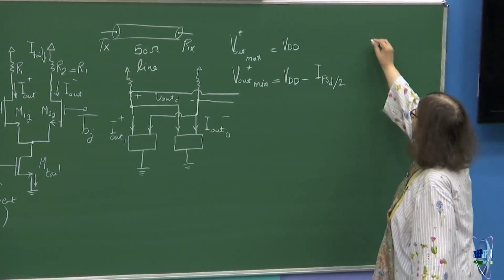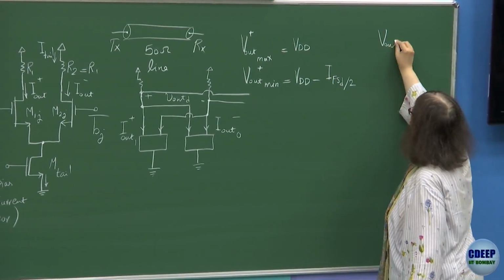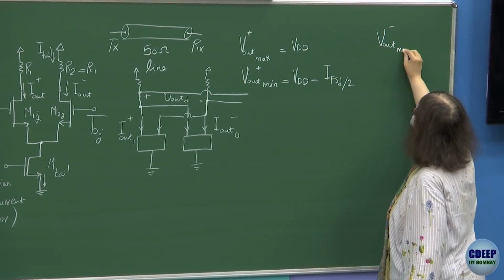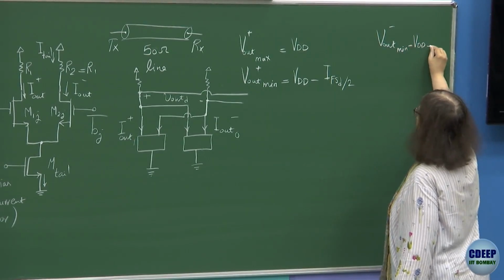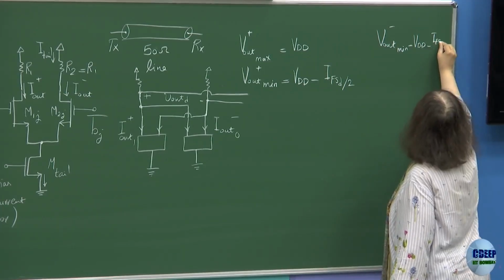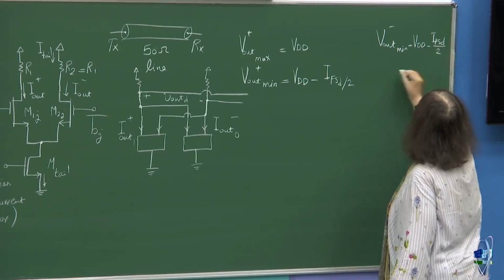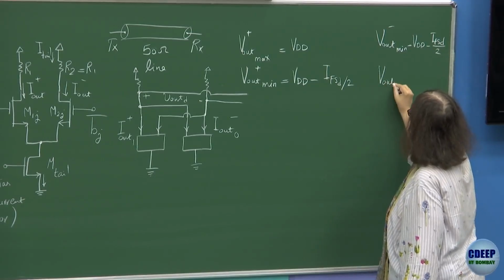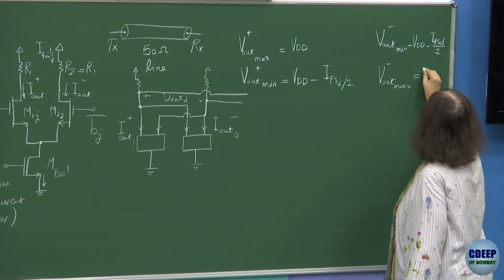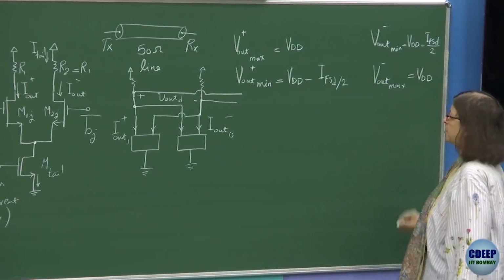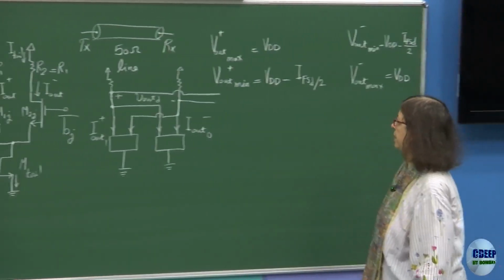So similarly for V out minus, now I will write in min. It will be the same thing: VDD minus I full scale D divided by 2, and V out minus max is VDD. VDD doesn't play any role in the differential output, it's just a supply level.